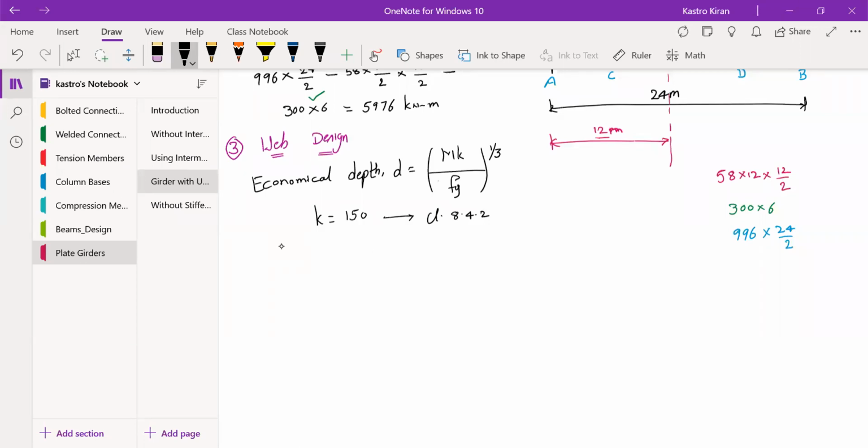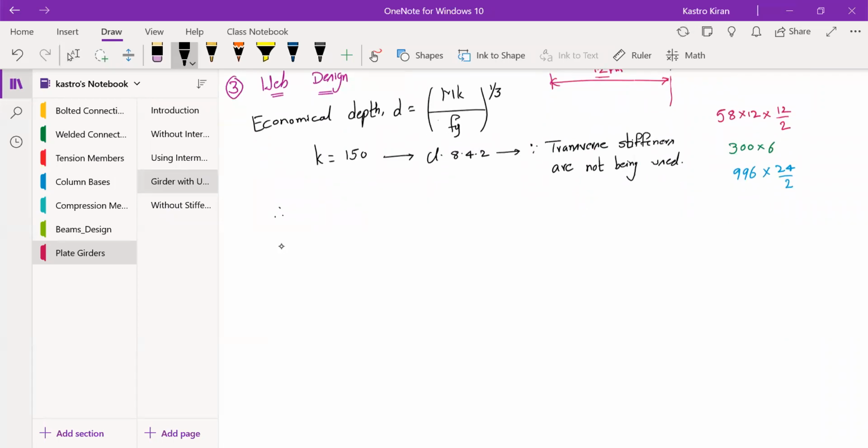So when you are not using intermediate transverse stiffeners, the value of K is taken as 150. Since transverse stiffeners are avoided, you can write this statement also. So remember, this is applicable only when you have the combination of loads. Okay, since transverse stiffeners are not being used, that's how you're going to take the value of K as 150.